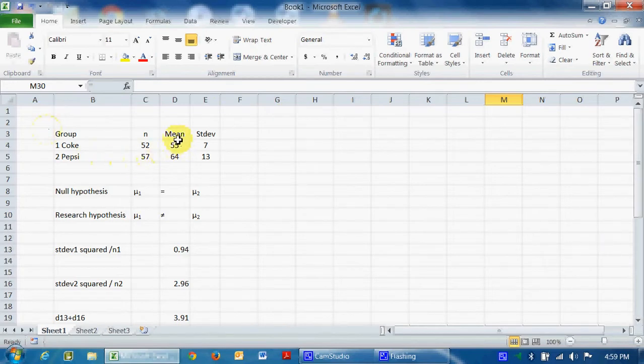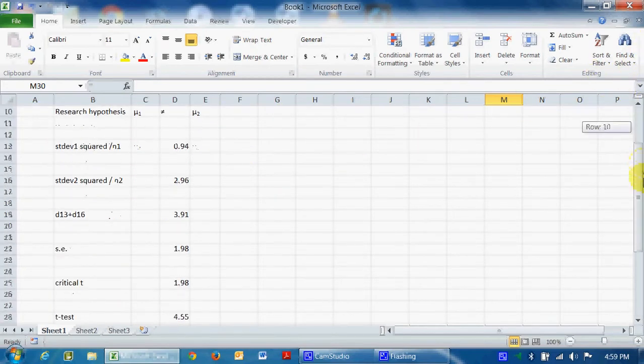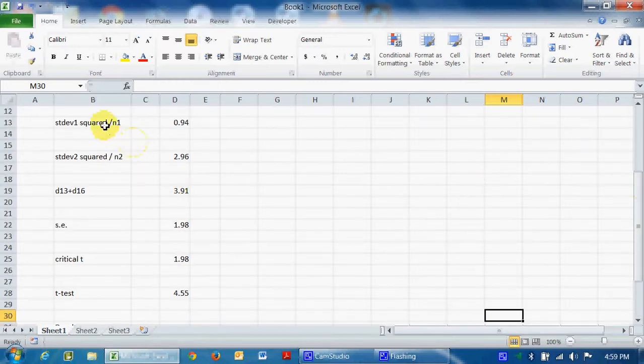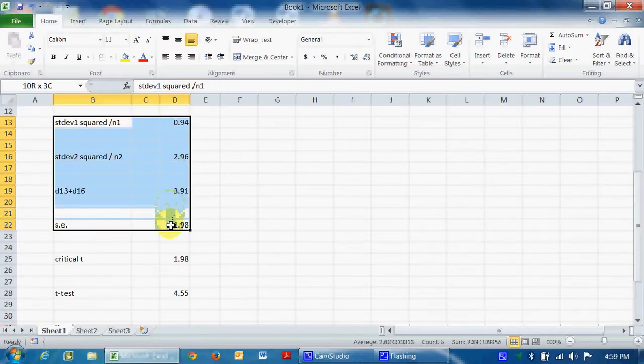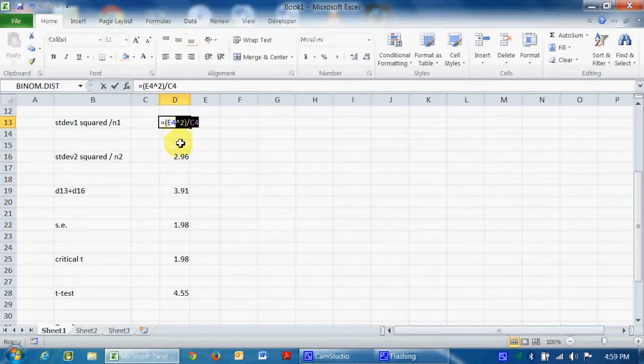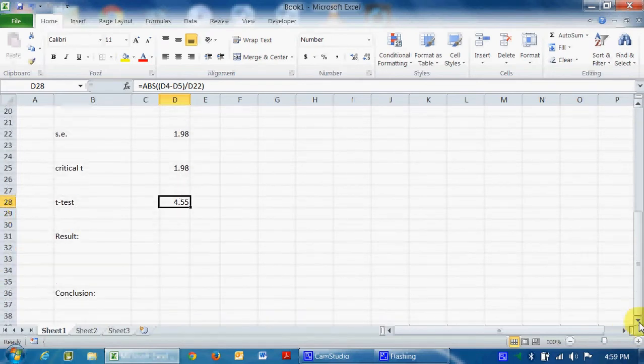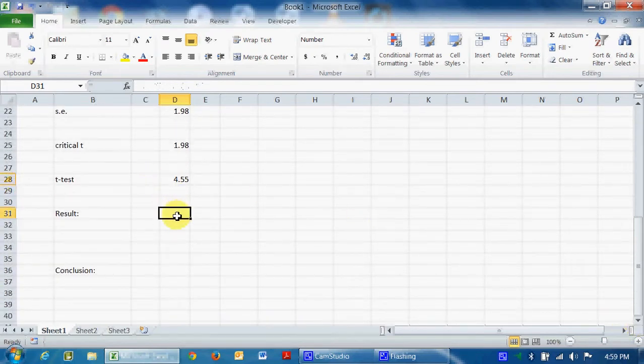They gave us the number, the mean, and the standard deviation for the two groups, and then we did our calculations. You don't really need to worry about any of these calculations. We just had all of these to get us to these two, right? So we only really need to analyze those bottom two.